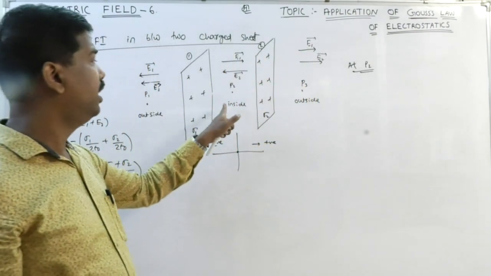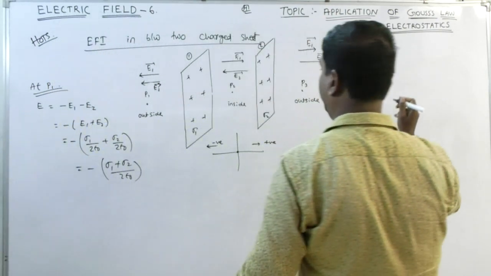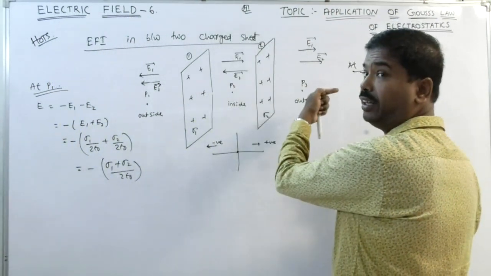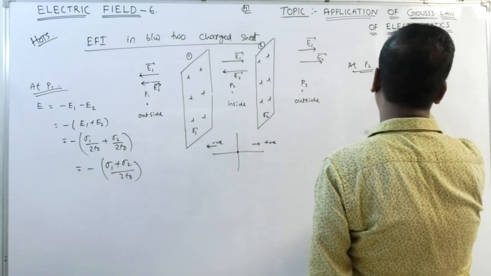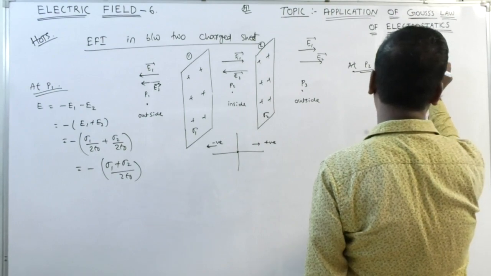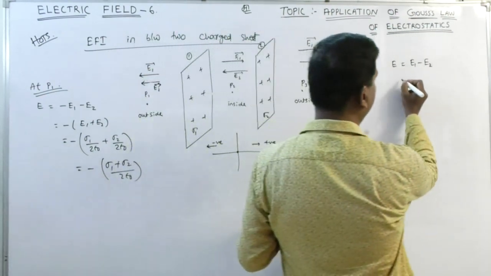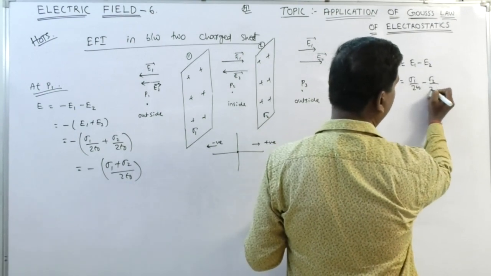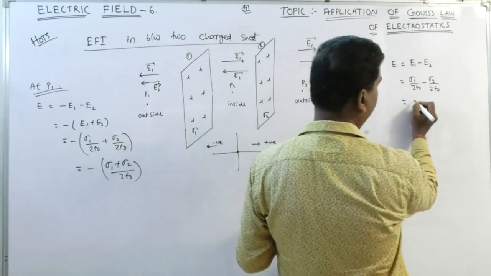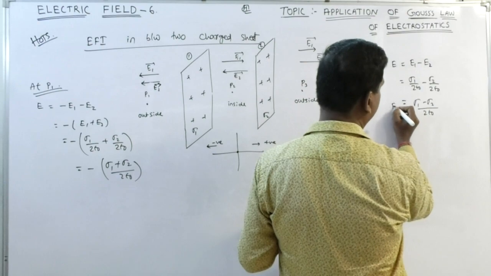Again, at P2, inside, in between the two plates: along that direction is positive and the opposite is negative. It means E is equal to E1 minus E2, that is sigma 1 by 2 epsilon 0 minus sigma 2 by 2 epsilon 0, or sigma 1 minus sigma 2 by 2 epsilon 0.